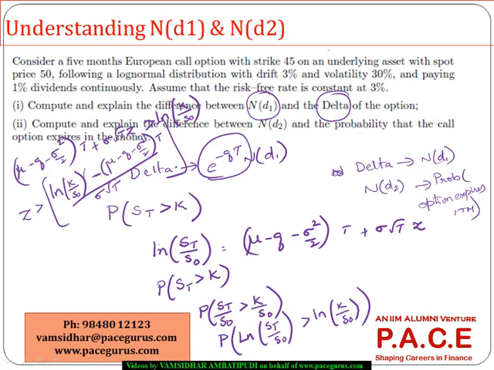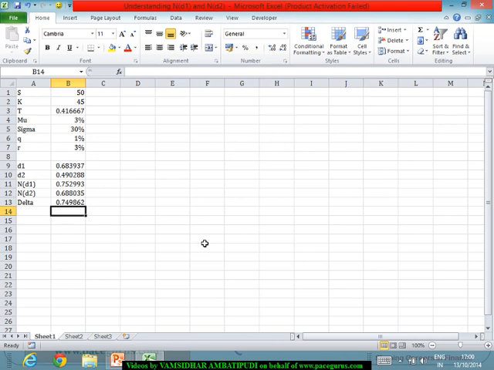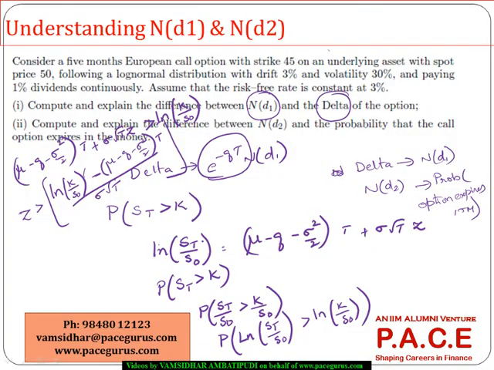If I find out the RHS value, that is what Z needs to be greater than. So I want to find out the probability that the Z value is greater than that much, or the Z value is lesser than minus of that much.